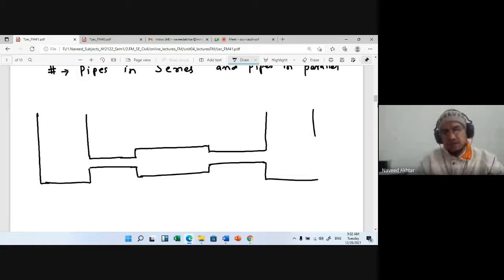Liquid is flowing from here to here, with some level here and some level here.